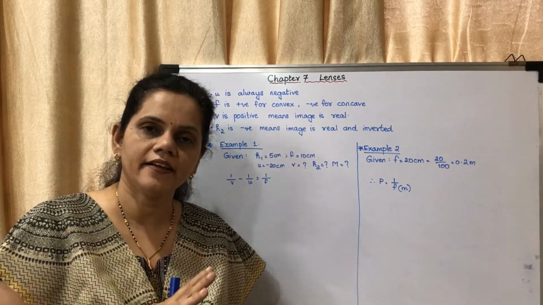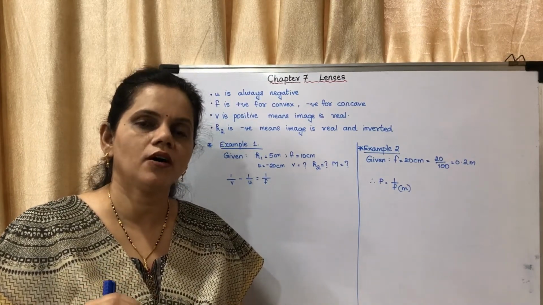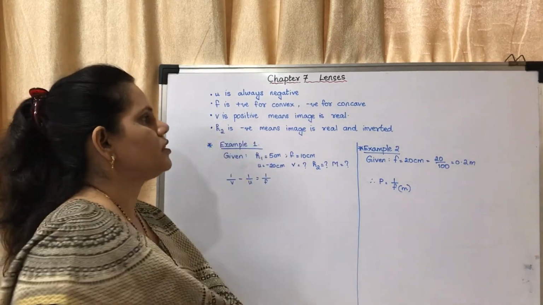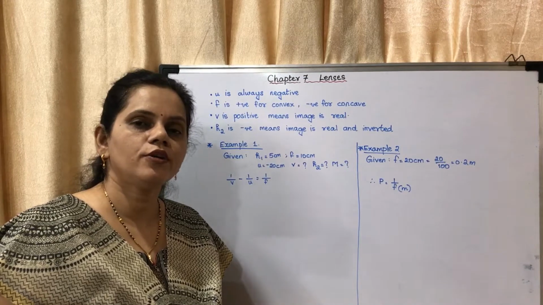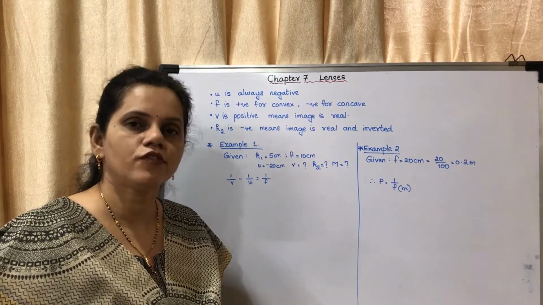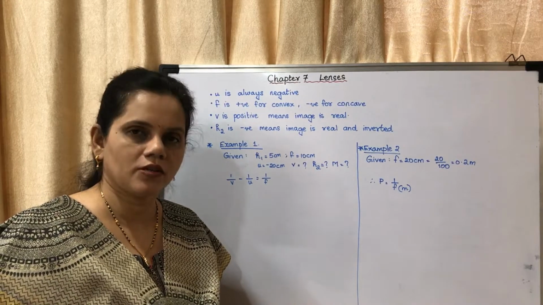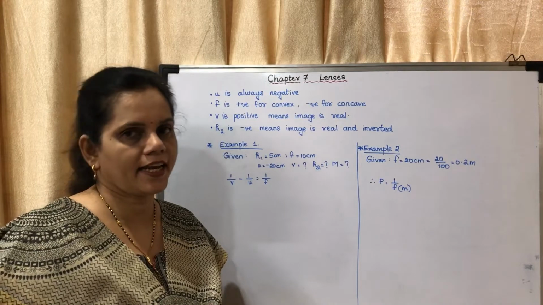So towards the left, all the values are taken as negative. So U is always negative. Next, F is positive for convex and negative for concave. Now what do you mean by F? F means focal length. The focal length of convex lens is taken as positive and the focal length of concave lens is taken as negative.